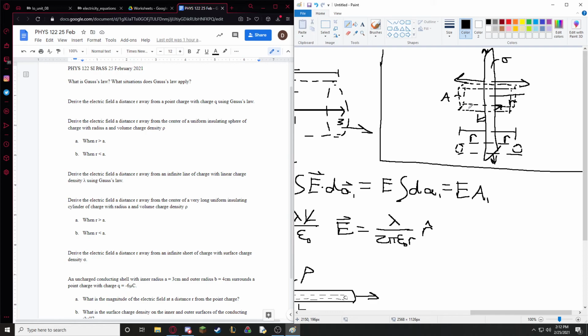Would it be sigma times the area? Exactly, sigma times the area. So our Q enclosed is equal to sigma times our area.